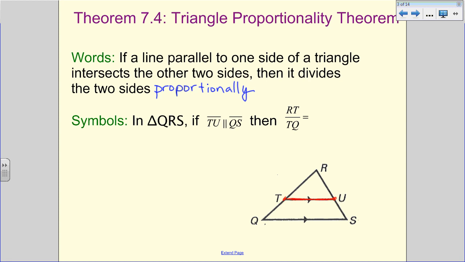So what that means is that if TU is parallel to QS, which we saw, then RT, the ratio to TQ, is going to equal RU, that proportion, or that ratio, to US. So it takes top to bottom, those segments. Okay, we're not talking about the entire sides anymore. Now we're just looking at the two segments that are created.